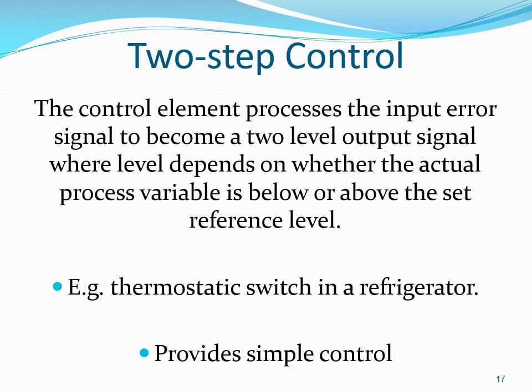The switch turns on the compressor of the refrigerator when the temperature is above some threshold value, and it turns off the compressor when the temperature is below the threshold value. So this switch gives two possible states: either the compressor is running or it is not running, and the state depends on the relationship between the temperature in the refrigerator and the set temperature on the thermostatic knob.